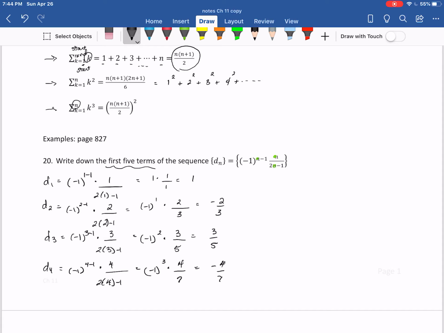And then finally, the fifth term, D5, replace the n with the value 5. And you get +5/9. Okay, so those are the first 5 terms of the sequence that you're told to write out.